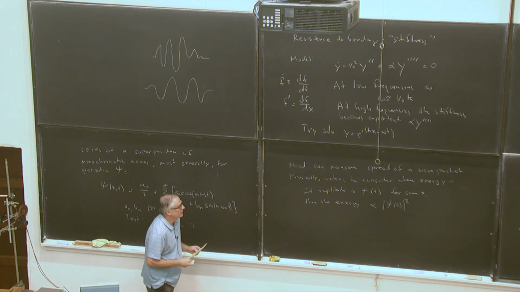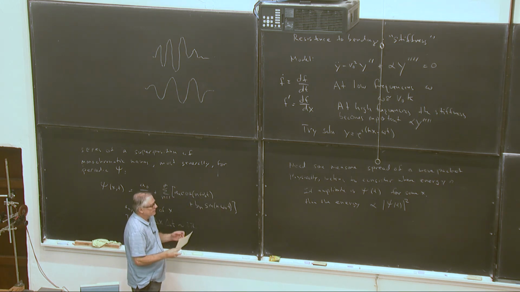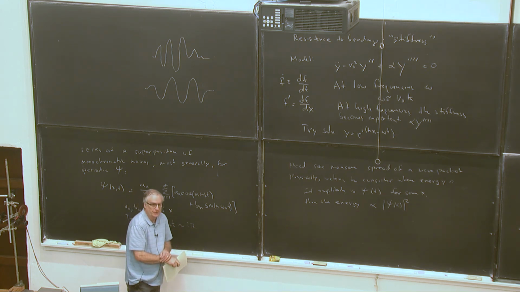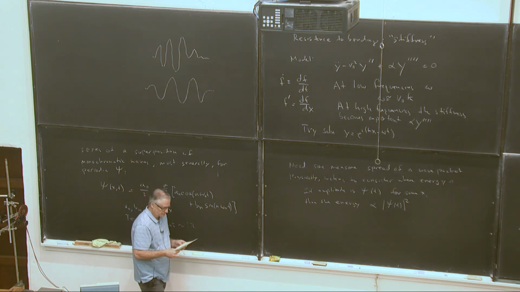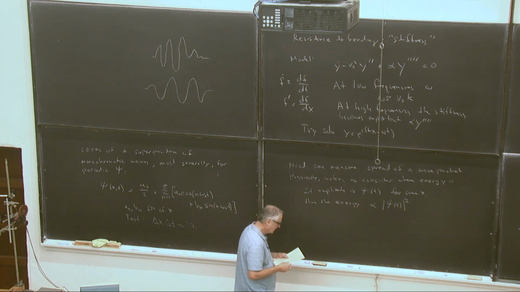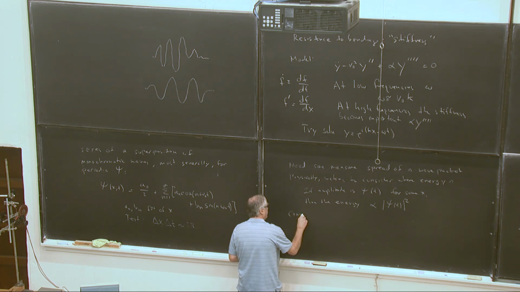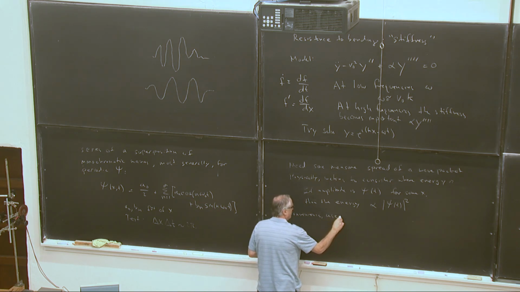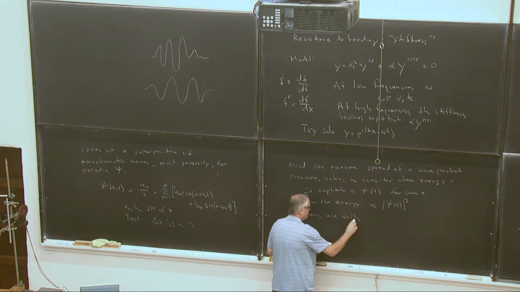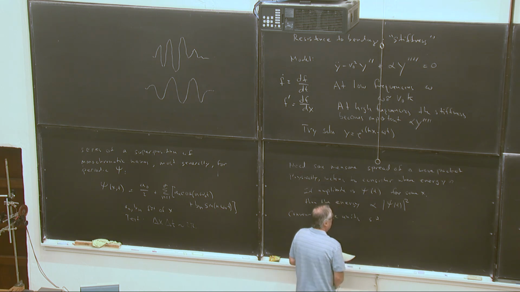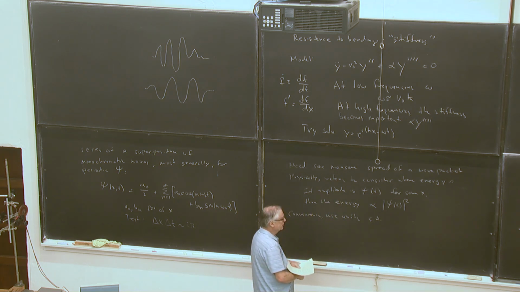So I want to define my spread in t, say, my delta t, in terms of psi squared. For convenience, I'm going to use units such that the total energy is equal to 1.